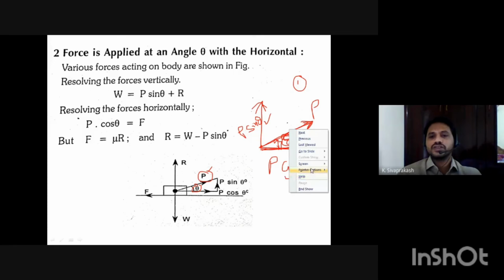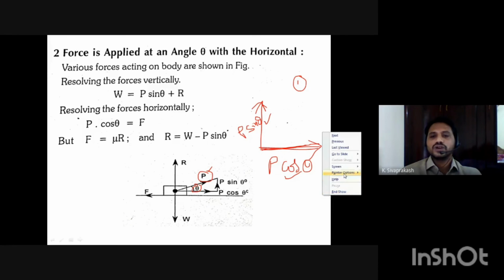So you resolve this force into two components, the x component and the y component. Now write these two components in place of P: P sin theta along the vertical direction, upward, and P cos theta towards the right. Now you apply the equilibrium conditions.